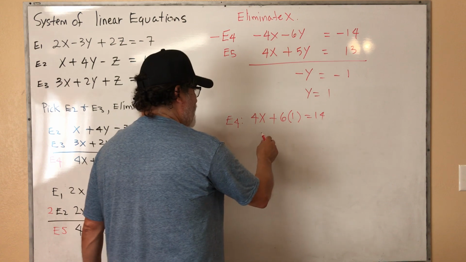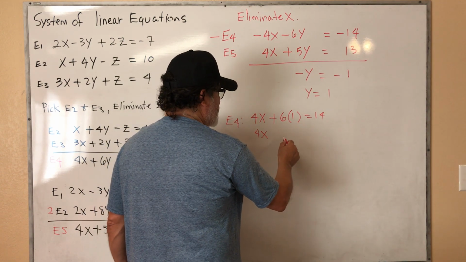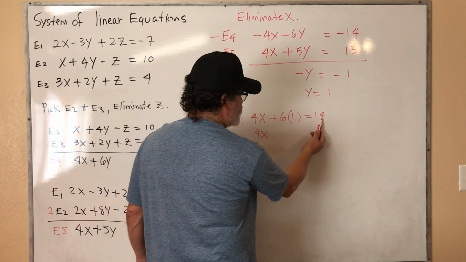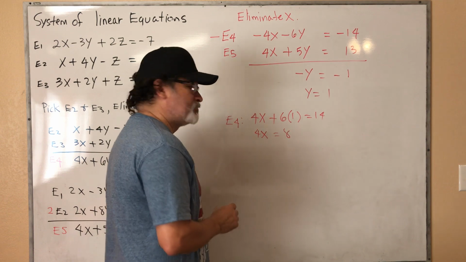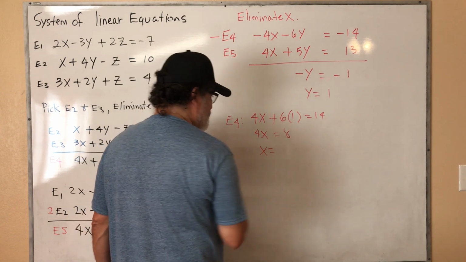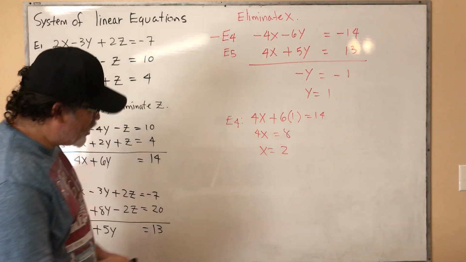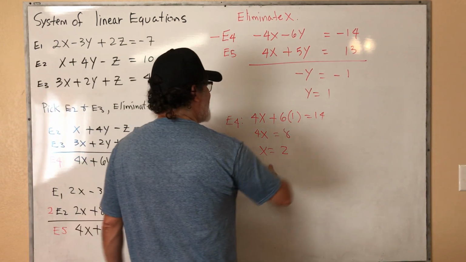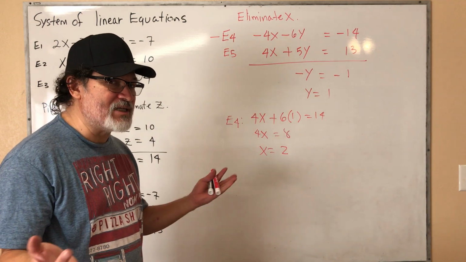So then now you have 4x. That's a 6, right? And what's 14 minus 6? Equals 8. So that x is what? X is 2. Good. We got x, we got y. Guess what we need now? We need z.